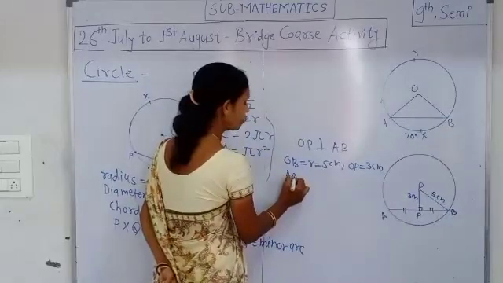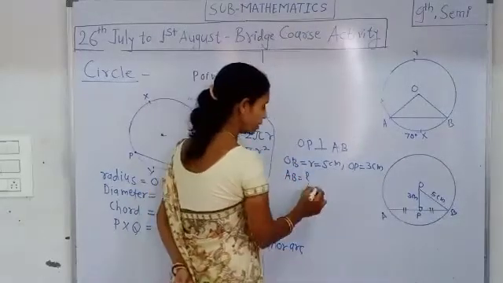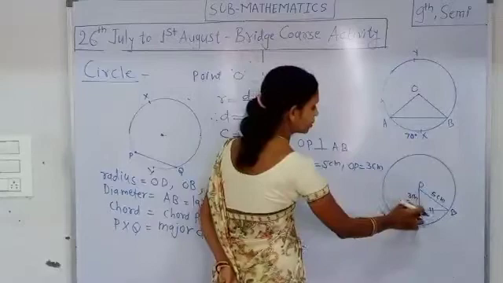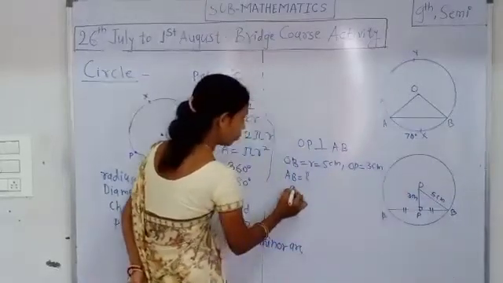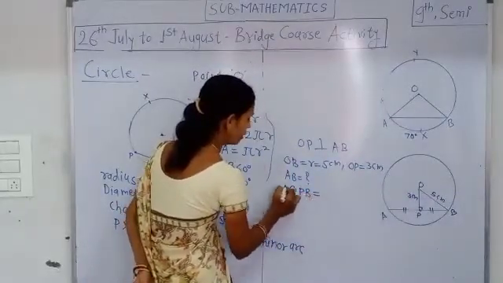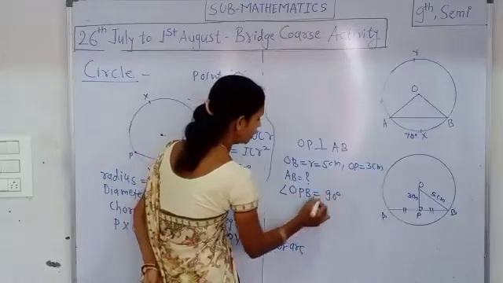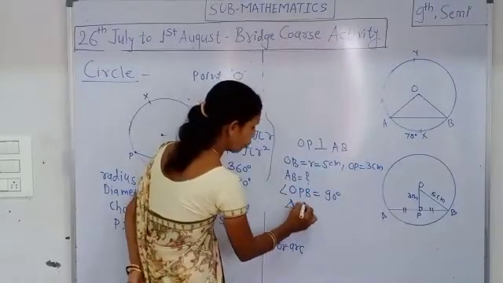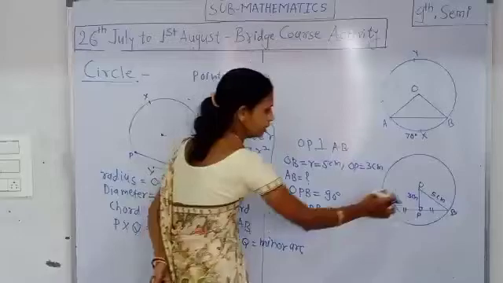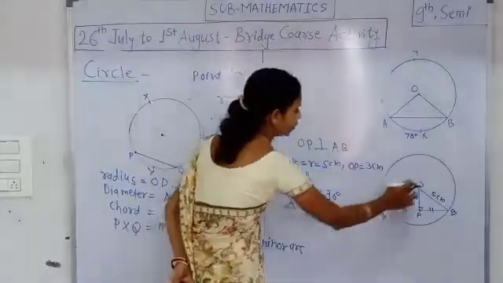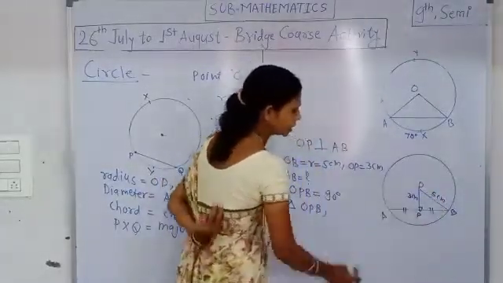Then we have to find out AB. OP is perpendicular to AB, therefore angle OPB is 90 degree. Therefore triangle OPB is a right angle triangle and OB is the hypotenuse.